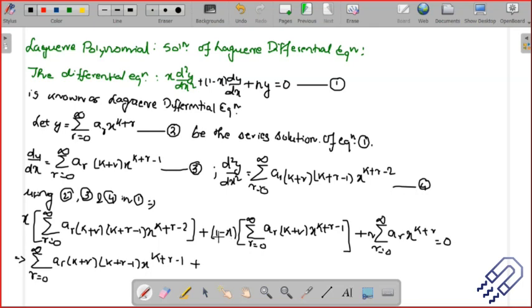So in this one I can take 1 into this, so this will be summation r is equal to 0 to infinity a_r (k plus r) x to the power k plus r minus 1, right? I will take this x to the power k plus r minus 1 outside, because we have it here and here also, right? So we'll do it that way.